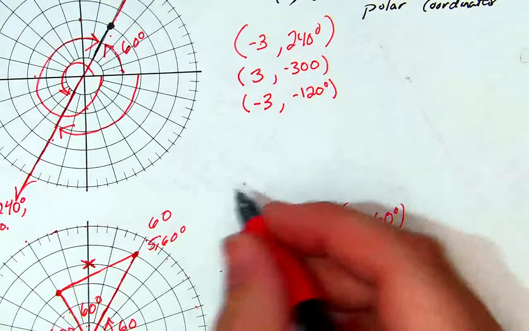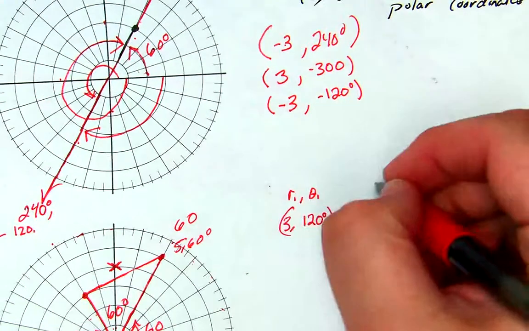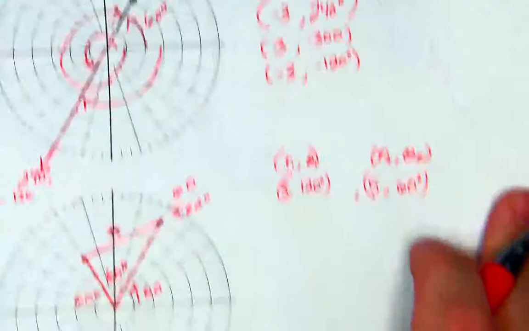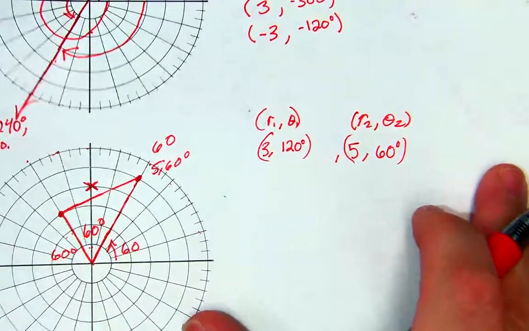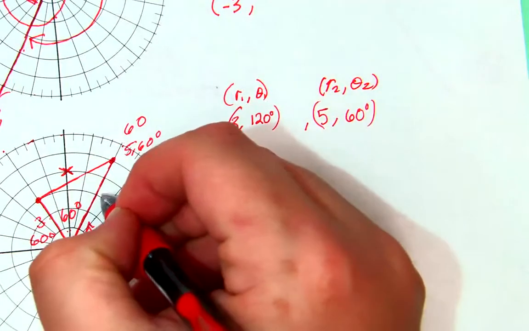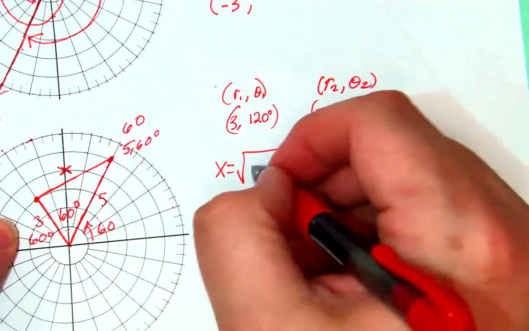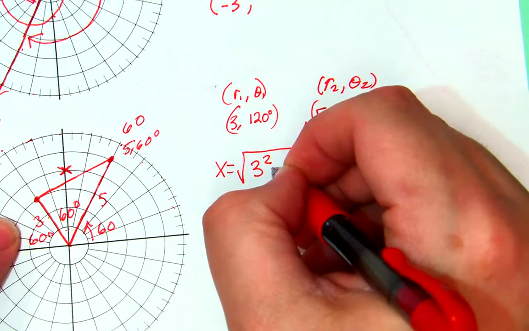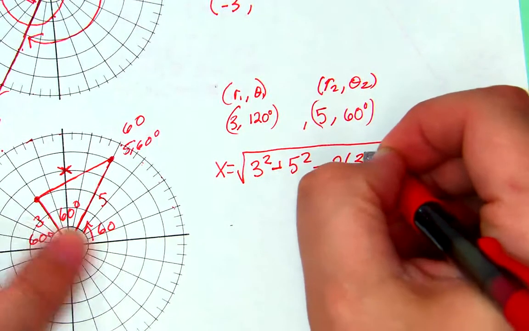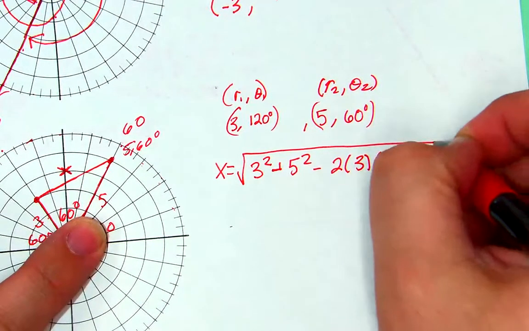Now, the law of cosines is going to say, alright, well, if this is R1, theta 1, and this is R2, theta 2, my x, that's a 3, that's a 5, my x is going to be equal to, I take the 3 squared plus 5 squared, minus 2 times 3 times 5 times the cosine of 60 degrees.